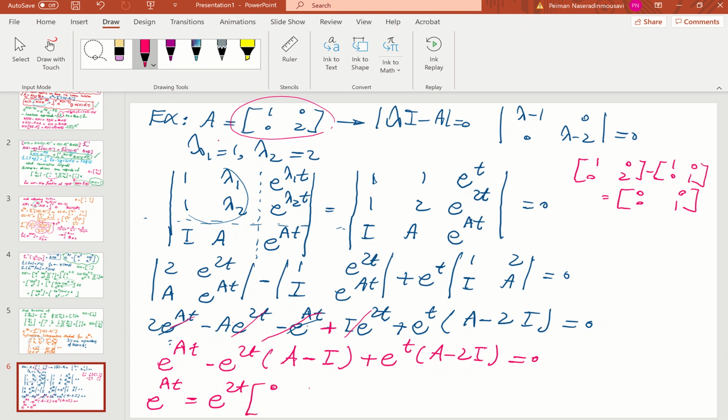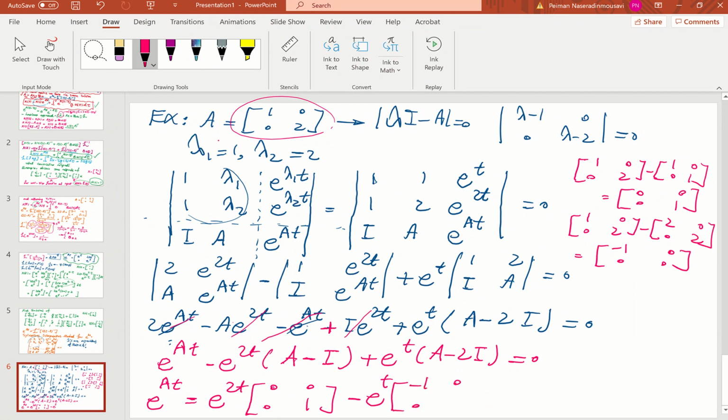So this is going to be [0, 0; 0, 1] times e^(2t), minus e^t times (A minus 2I), and A minus 2I is [minus 1, 0; 0, 0]. Here we go. Then multiplying and subtracting, this is what you get.